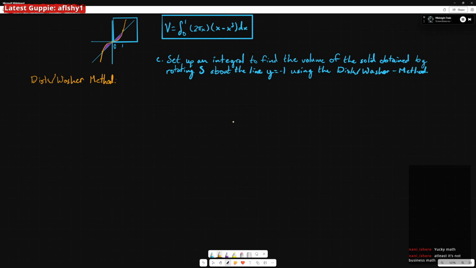The disk washer method basically says the volume is equal to pi times the integral from a to b of f of x squared dx.